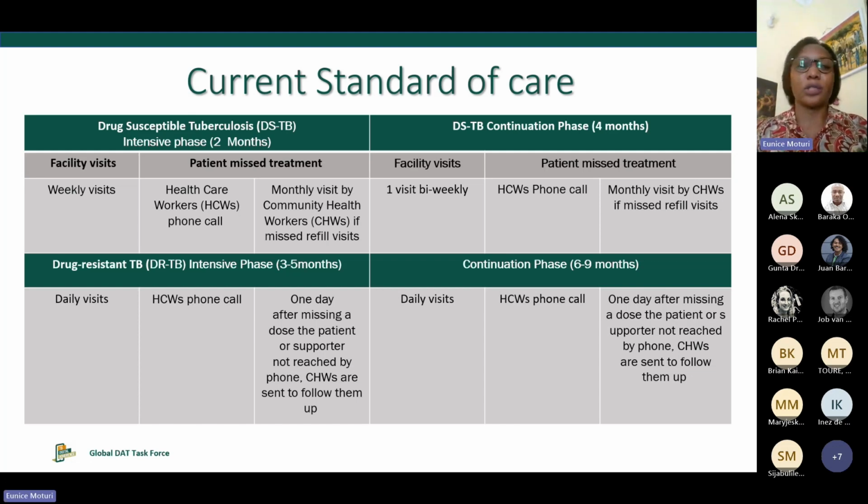When they miss one dose, especially those who come to the facility, the next day the healthcare worker will call the patient or the treatment supporter to find out what challenges they're going through. And if they are not reached by call, then on the third day, the healthcare worker will send a CHW to go and do the follow-up. That is if the facility has engaged the CHWs in that hospital. Yeah, and in the continuation phase, it's the same.